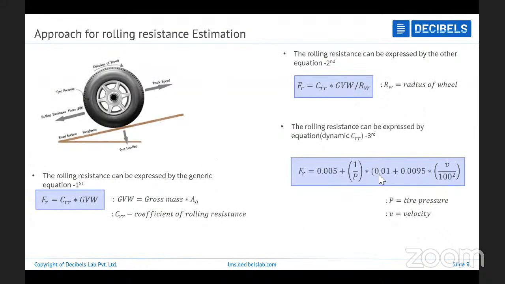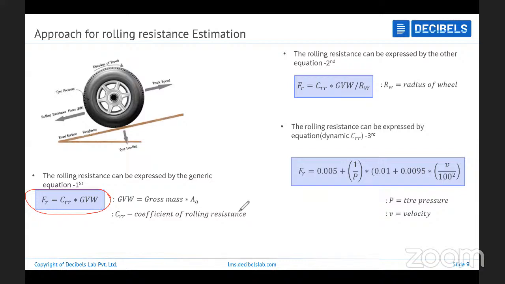Yeah. So these are some parameters to calculate rolling resistance. We have plenty of equations, which are defined based on curve fitting methods or considering many parameters. But in general, we'll be using this equation.